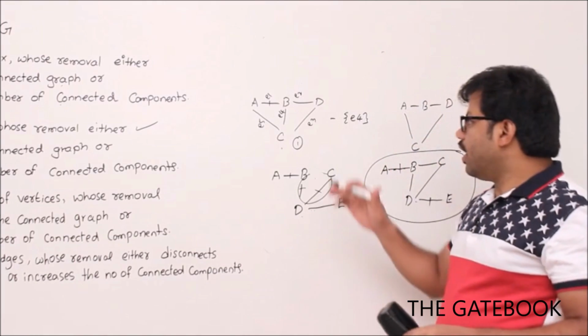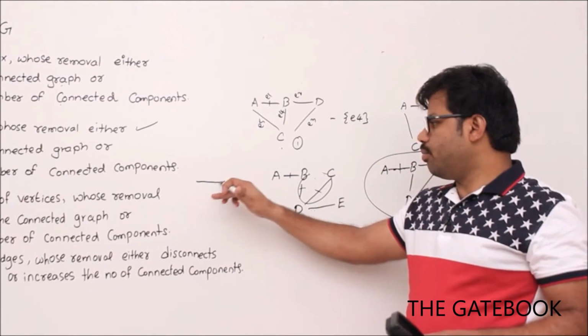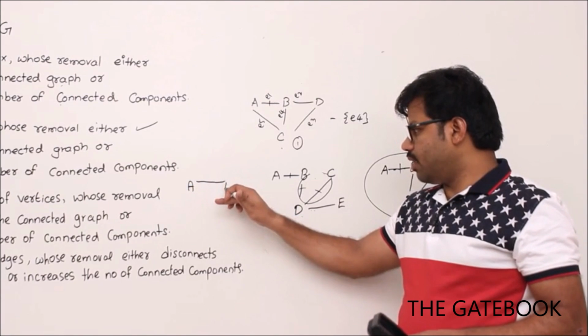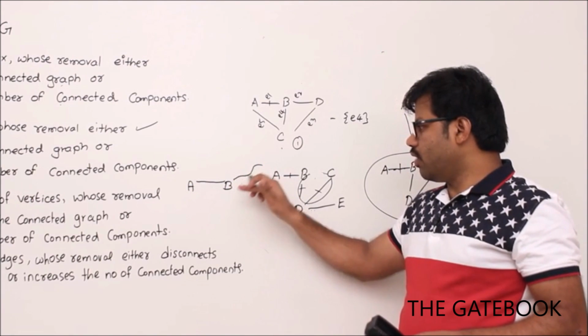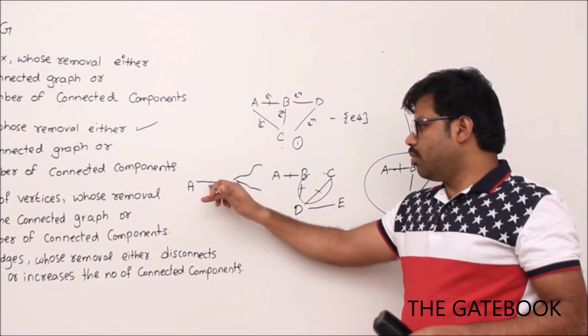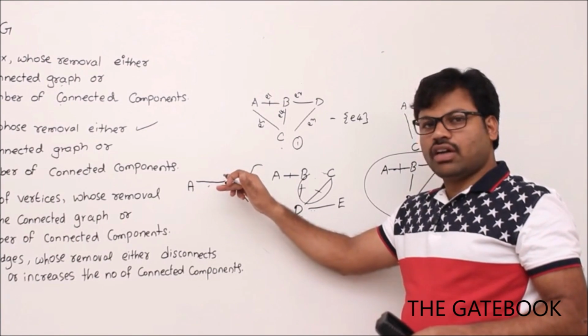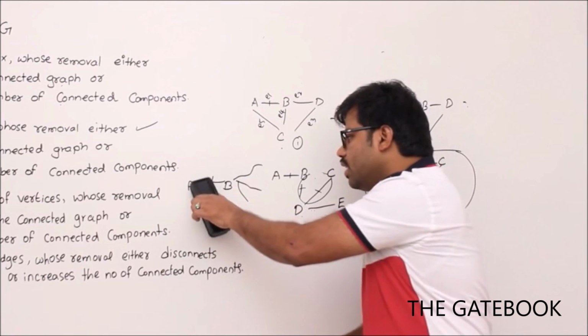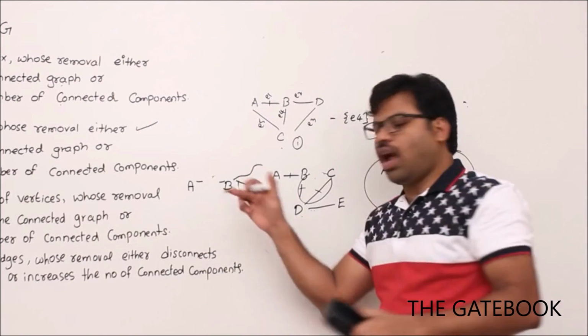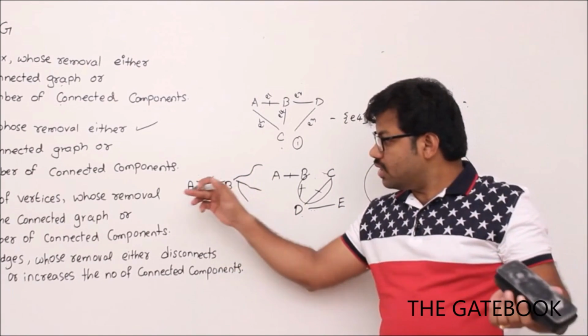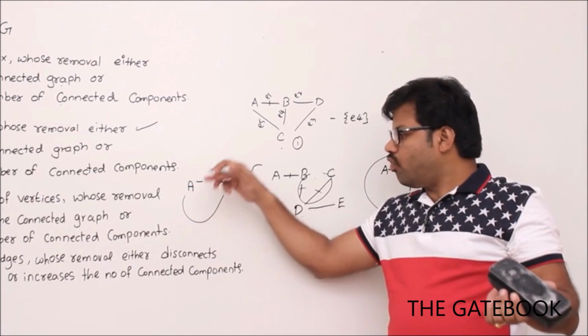Second one, if an edge is not on a cycle, for example some edge is not forming a cycle, then if you remove it, consider the remaining graph. Say this is an edge which is not on a cycle. If you remove it, then what does that mean? Between A and B there is no alternative path. If there were an alternative path, you would have formed a cycle.